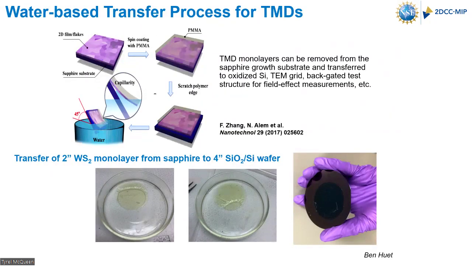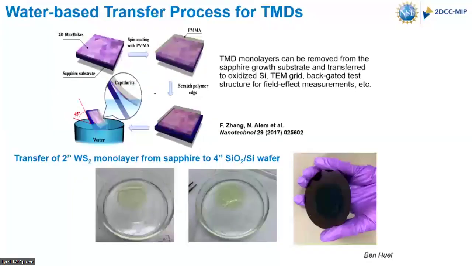And then you might be wondering, okay, now you have them on sapphire, what do you do with them? If you want to make devices, or if you want to do TEM characterization, you have to remove them from the growth substrate. So transfer is a big thing in the 2D field. You have to have some way to transfer these layers so you're not introducing wrinkles or other impurities.